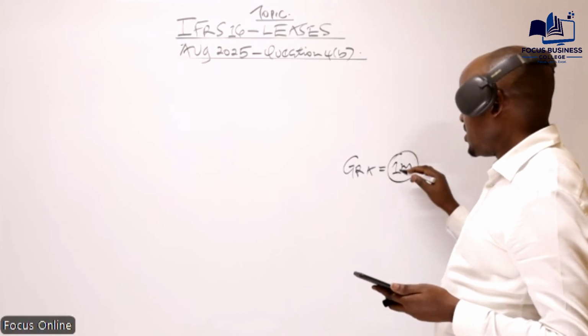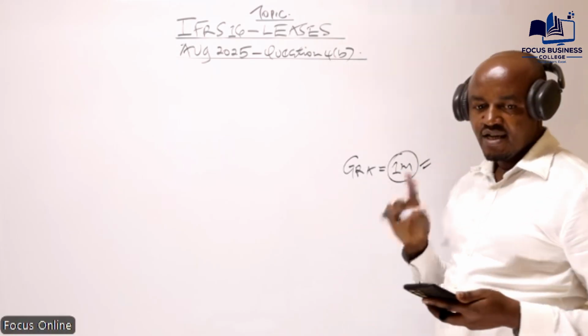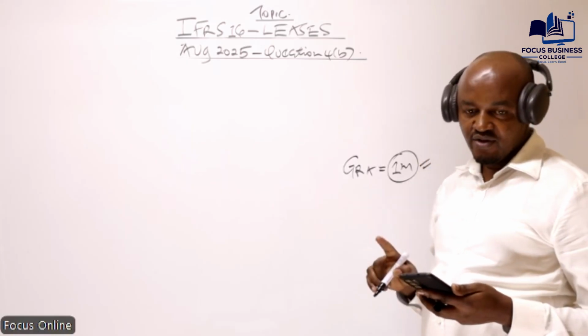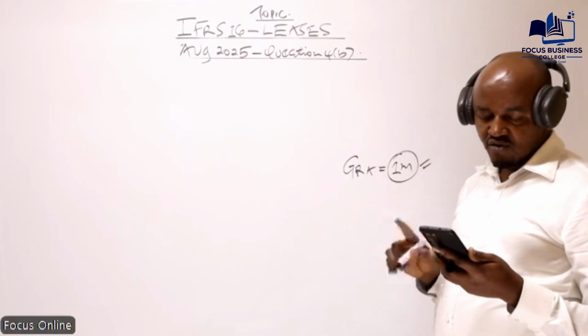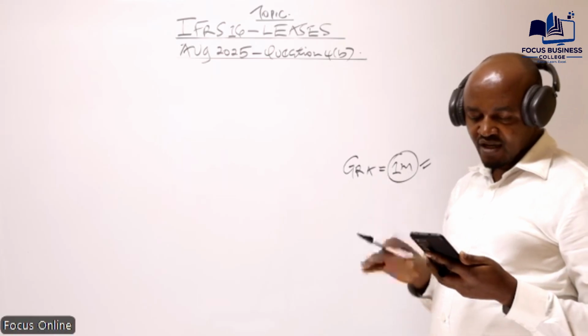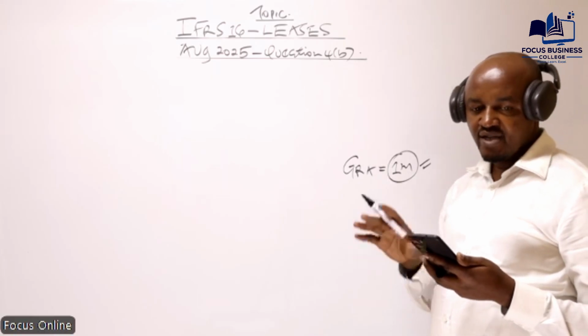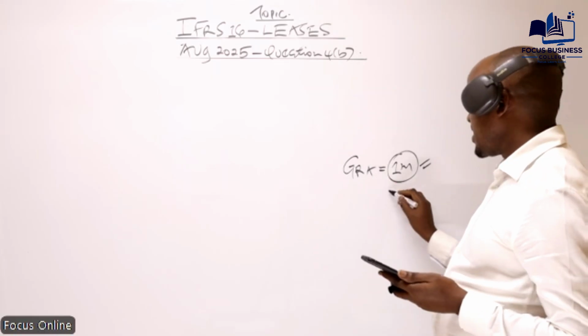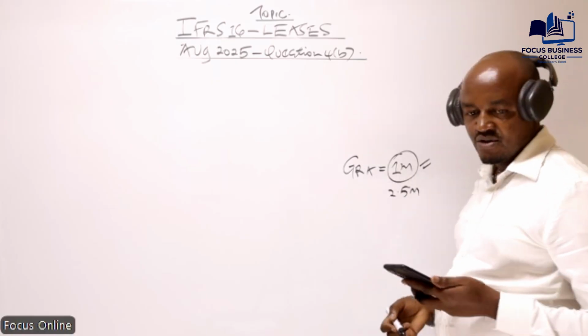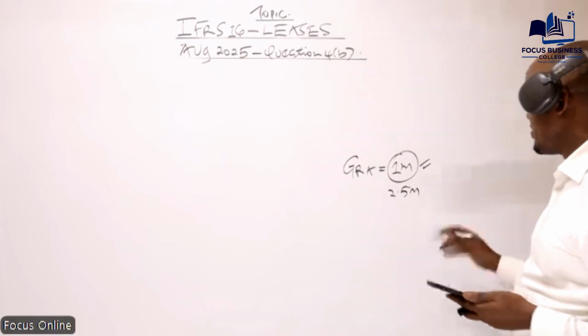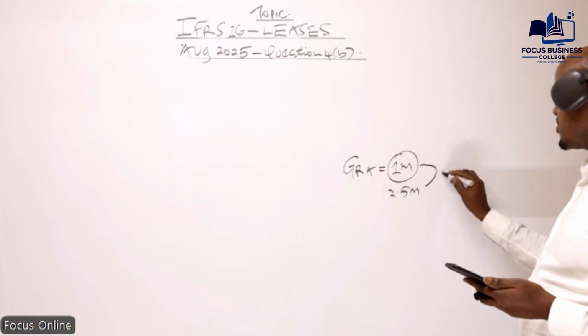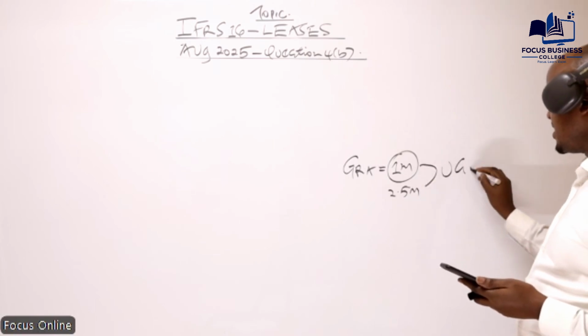So that means that if Fgg Limited decides to buy this asset, he will pay an amount of how much? 1 million. But you are told now the owner of the asset, if he is to offer for sale this particular asset in an open market, he will be able to sell it at 2.5 million. So from this information, we can proceed and compute something called the unguaranteed residual amount.